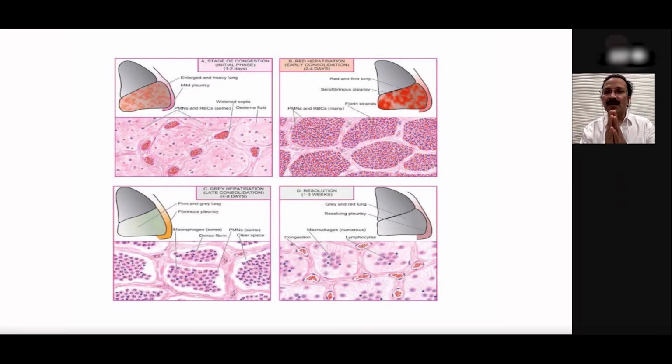Now comes the problem at this point. The patient is treated very well by you. You talk of Dr. Eman, you talk of Dr. Raja, you talk of any person in our list of attendees today, and each of you has treated the patient correctly. Now, two things can happen. One is the stage of fibrosis, meaning the macrophages induce fibroblasts, and fibroblasts leave their fibrous tissue, which is gray in color, and it is solid, so it is called the stage of gray hepatization.